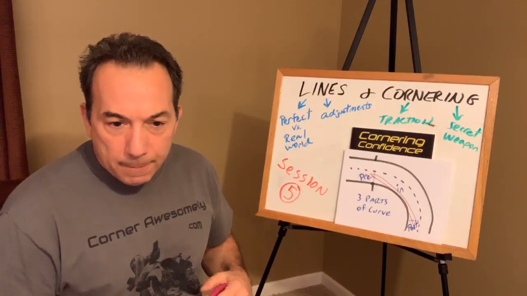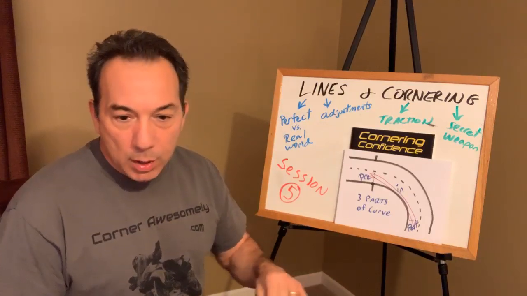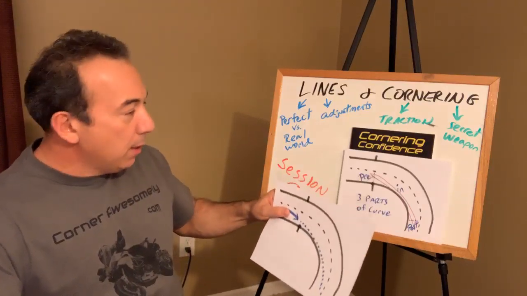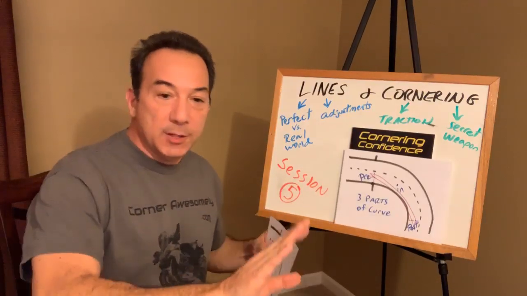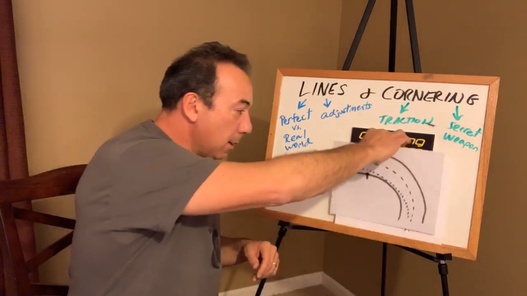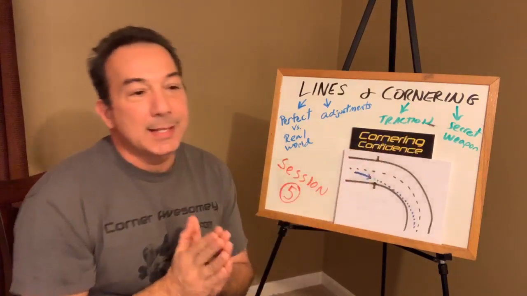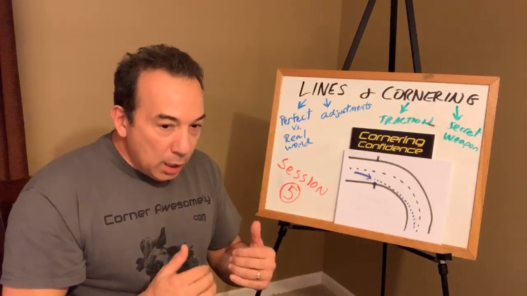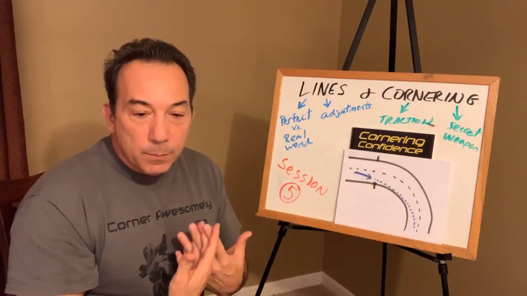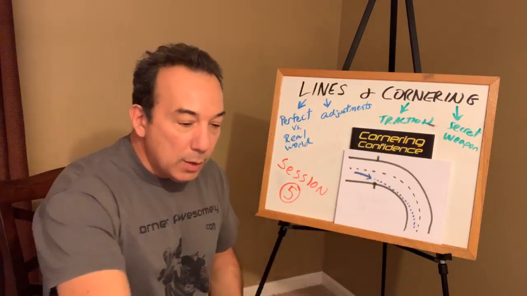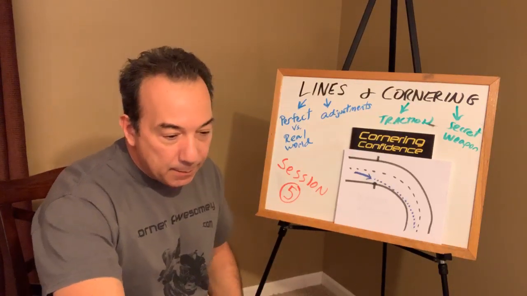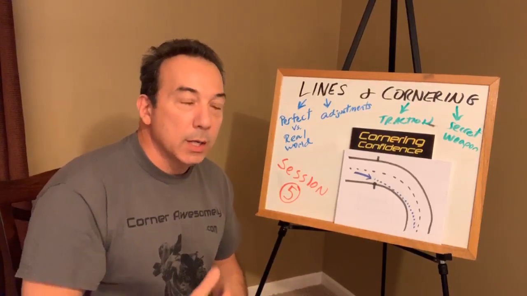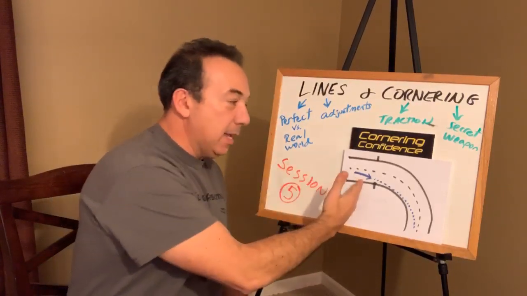And the next thing I really want to talk about was real world adjustments. One of the main things that I want to convince people to think is that you have to get past the idea that you have to have the whole corner figured out at the beginning, right?